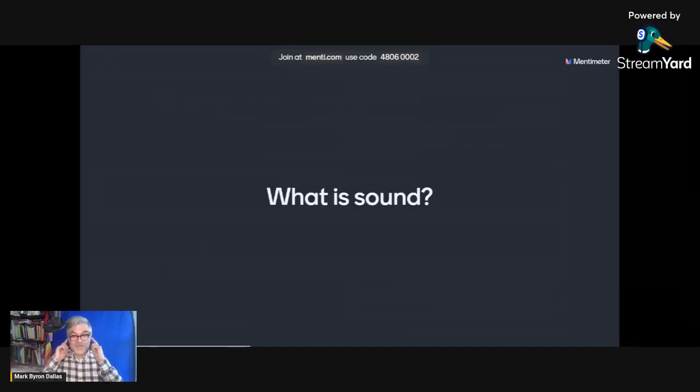Now, sound waves enter the ear canal, hit the eardrum, and three tiny bones. I wonder if you can remember what they are. I wouldn't if I didn't have it written down in front of me, but those three tiny little bones, the smallest bones in the human body: the hammer, the anvil, and the stirrup.